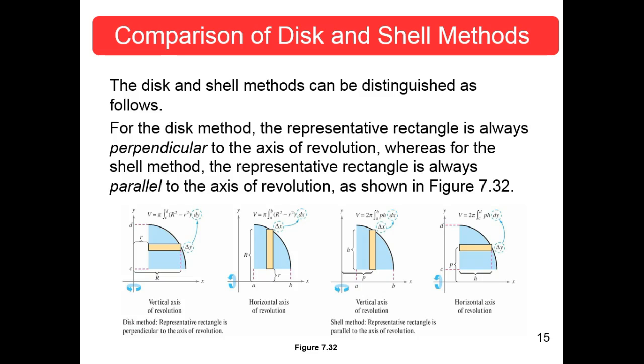For the disk method, the representative rectangle is always perpendicular to the axis of revolution. Because if you're revolving around the x-axis, then you're taking the rectangle.